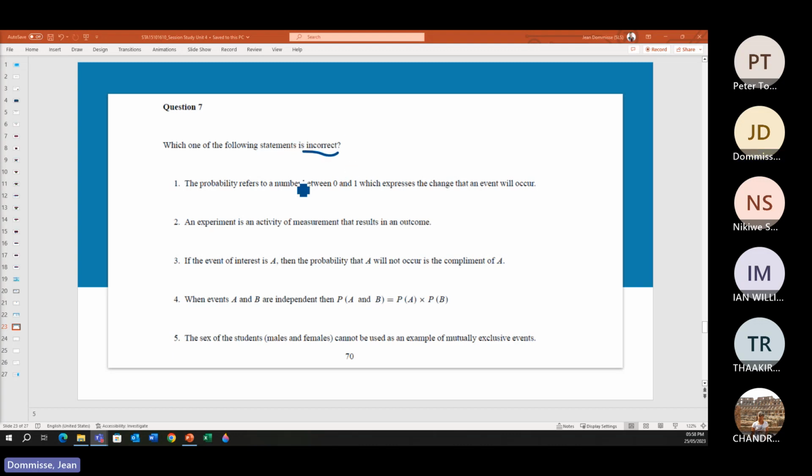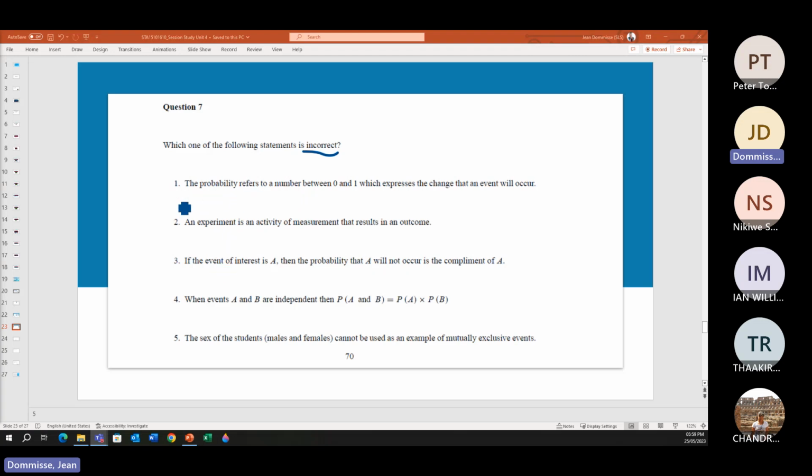Incorrect, when it comes to definitions, is sometimes much more difficult, because what I've seen a lot is that some of them are very close to one another. So when you need to look for incorrect ones, sometimes it is more difficult in the definitions to get to the incorrect one.